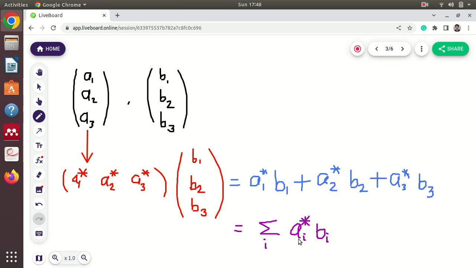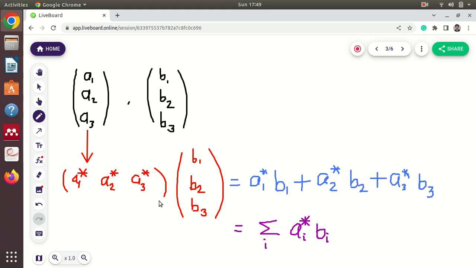When i is equal to 1, this is equal to A1 star B1, then plus when i is equal to 2, A2 star B2, like this. So if we are dealing with vectors in 3 dimensions, we will have i equal to 1, 2 and 3. And if we have an n dimensional vector, then we can have n number of terms in this addition.